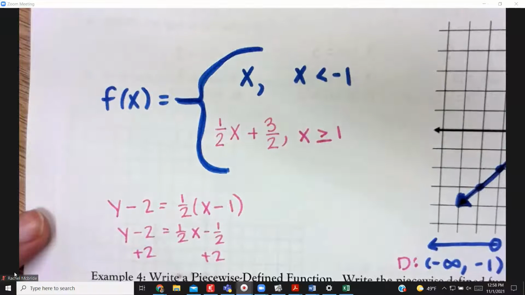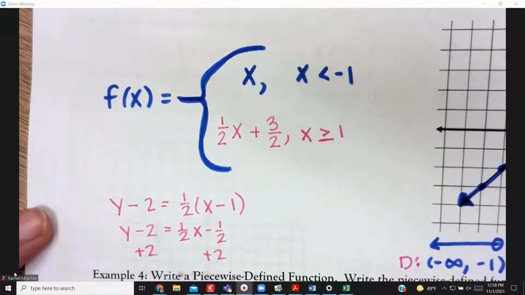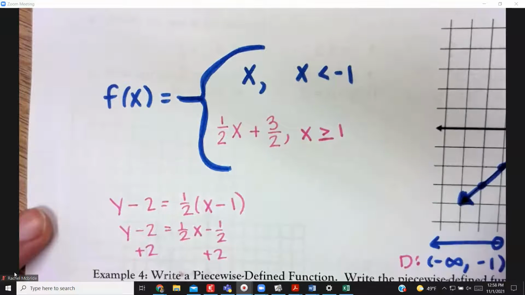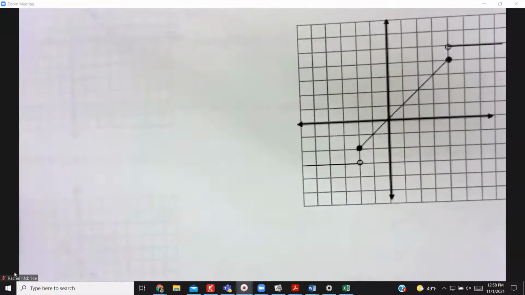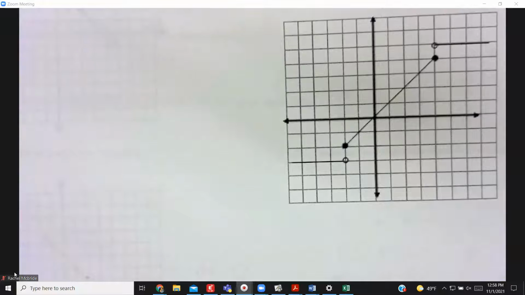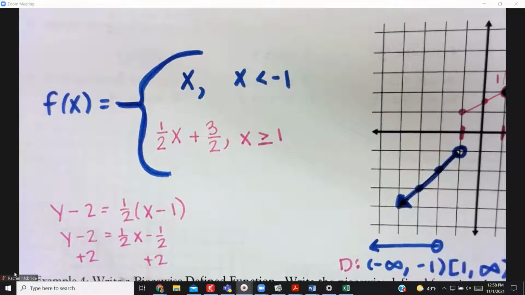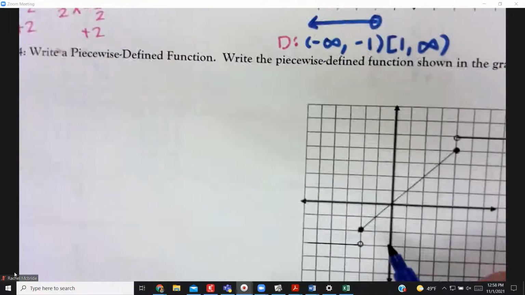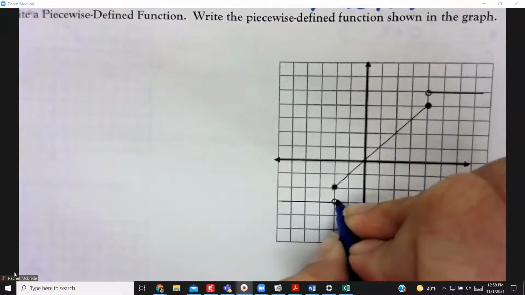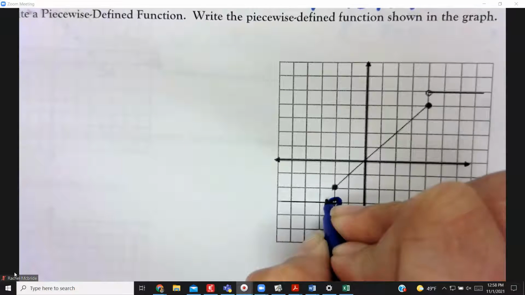Well, let's look at another one, because the first one's always like, let's try again. Okay, down here, we have our blue equation, which is right here.